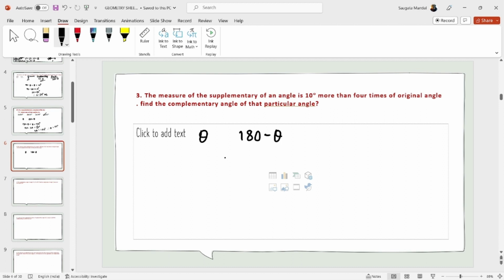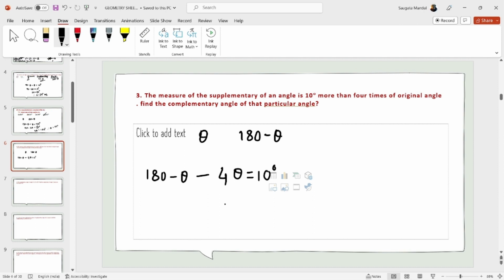Here it is said that the supplementary angle, 180 degree minus theta, is 10 degree more. That means the supplementary angle is the greater value than the original angle. That means supplementary angle minus 4 times the original angle, the difference is 10 degree.